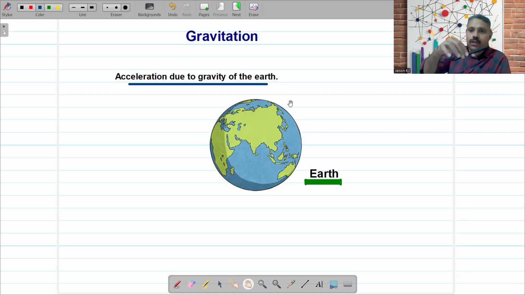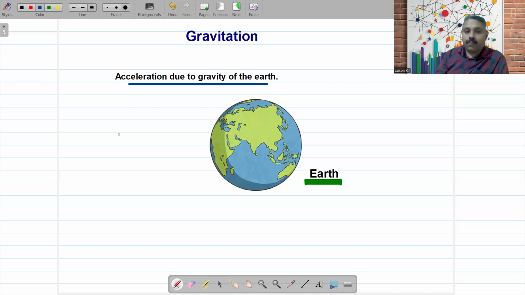When it goes down, it's under motion. Of course, if there is motion, there is velocity. If there is velocity, there is an acceleration. So here the acceleration is due to gravity of the Earth. That is our topic: acceleration due to gravity of the Earth.